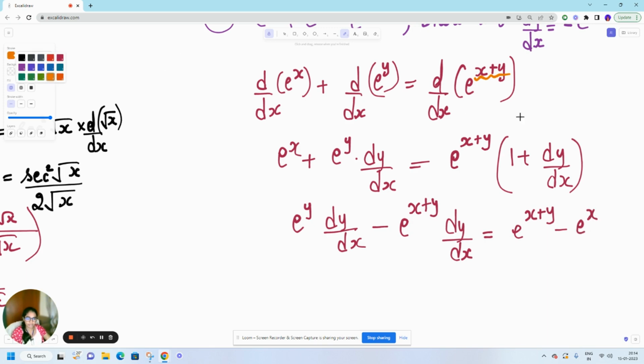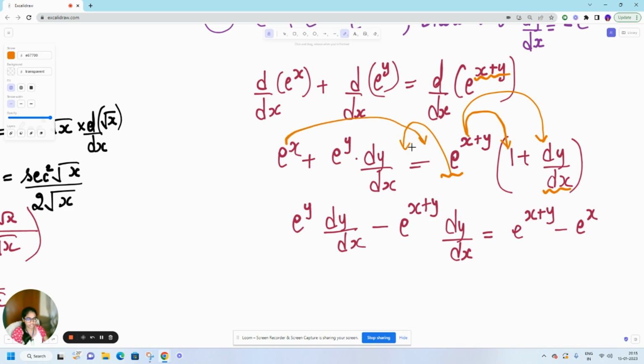How did I get this step? I multiplied e power x plus y to each term first, and then I sent dy by dx into e power x plus y to the other side. And then I sent this e power x to the RHS. After doing all these simple simplifications, I arrived at the last step.